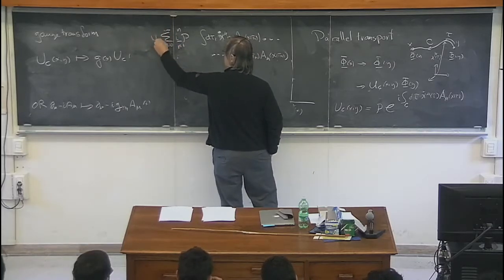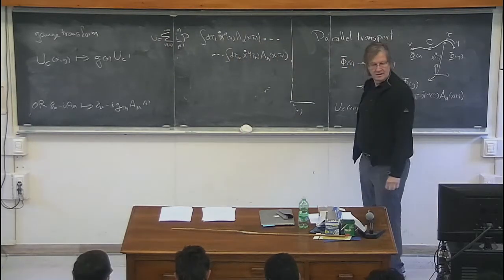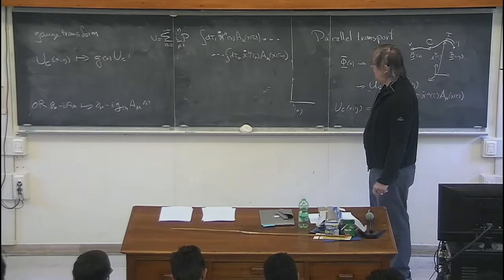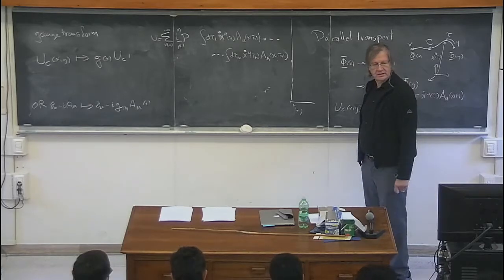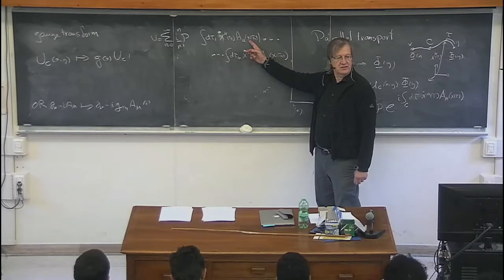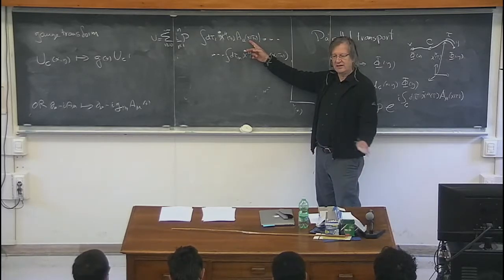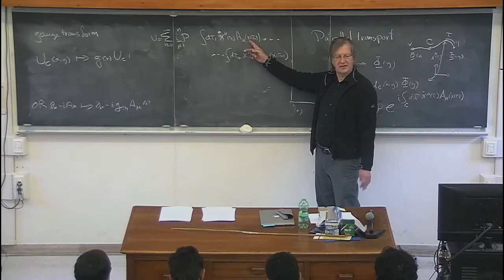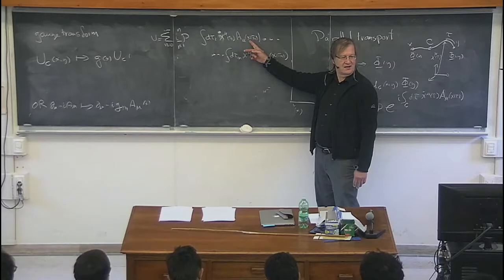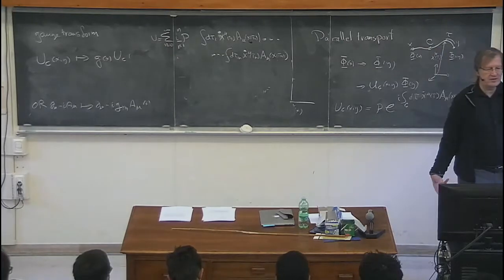And this is what u was. Okay, and then what path ordering does is simply orders this product of matrices. So these are not operators. So normal ordering is not the way to think about it yet. These are not quantum mechanical operators, and in fact practically will never be for us. They're just a bunch of matrices, but of course generic matrices don't commute with each other, so you have to say something about the ordering.